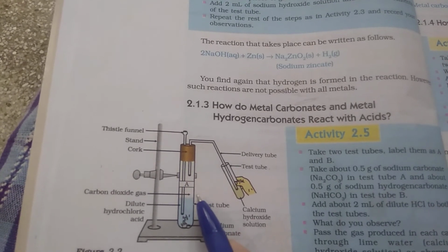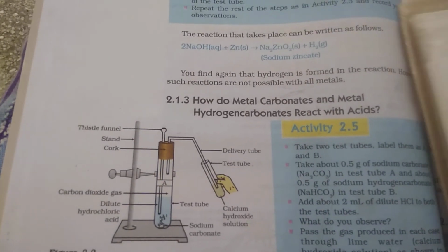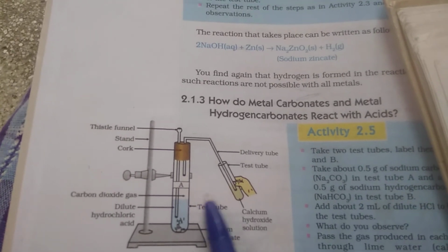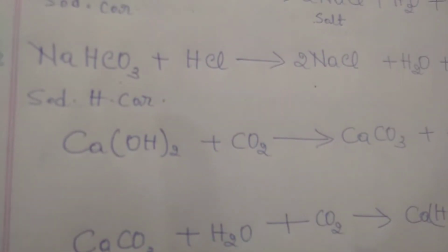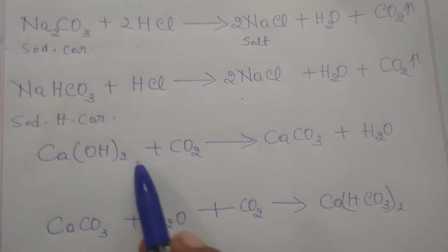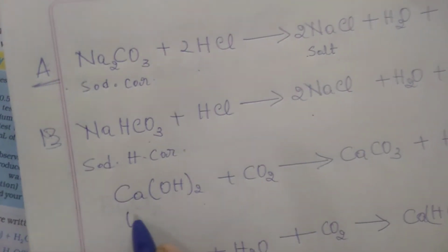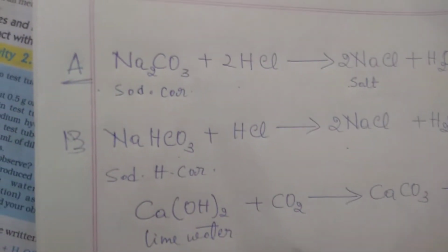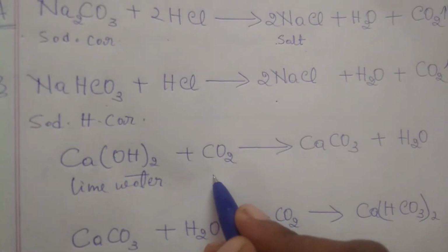The carbon dioxide gas released is passed towards the calcium hydroxide. So there must be some reaction between carbon dioxide and calcium hydroxide, right? Calcium hydroxide, which is nothing but lime water, is taken in a test tube, and we pass carbon dioxide gas into it.